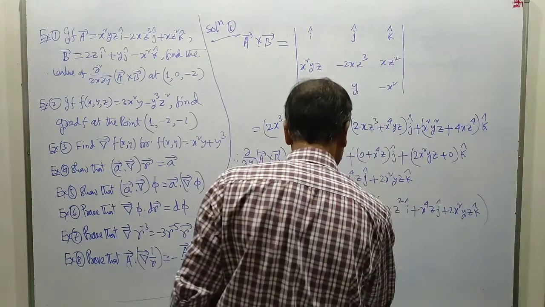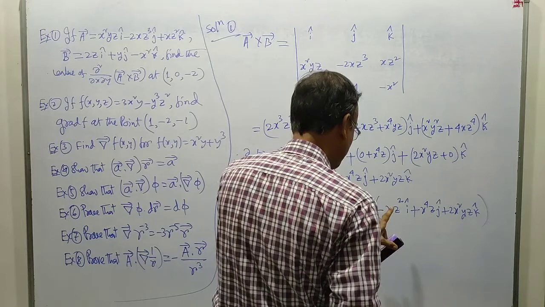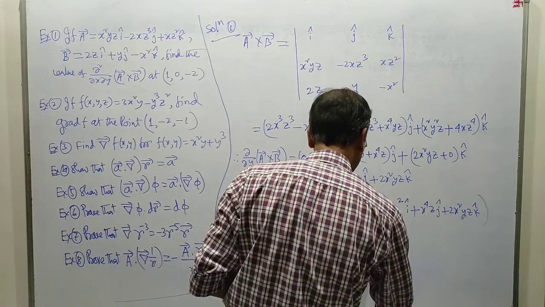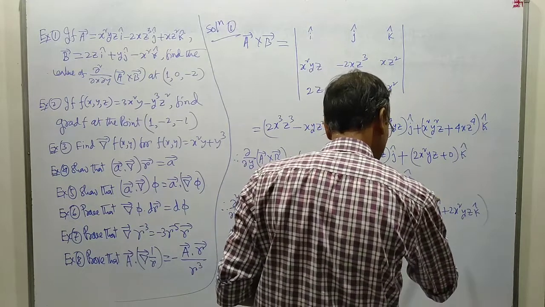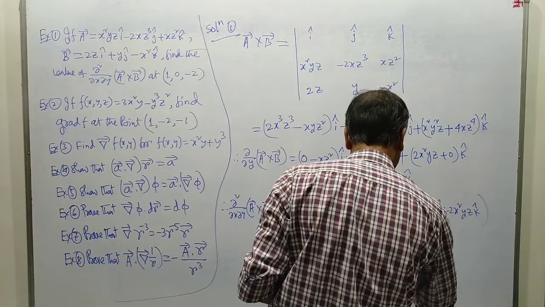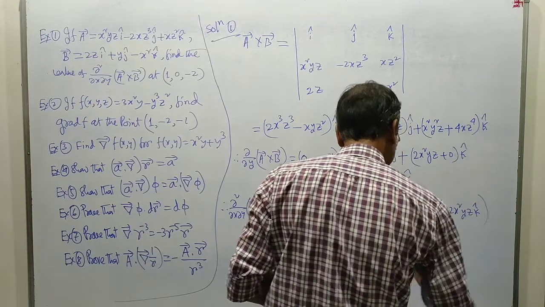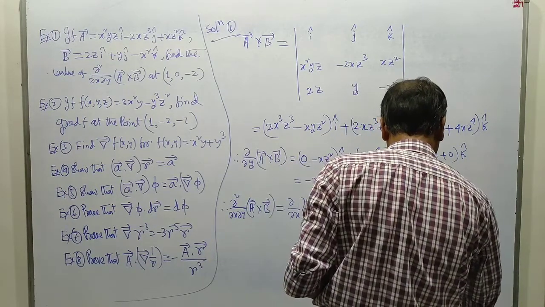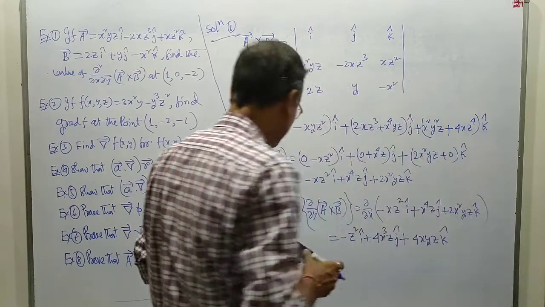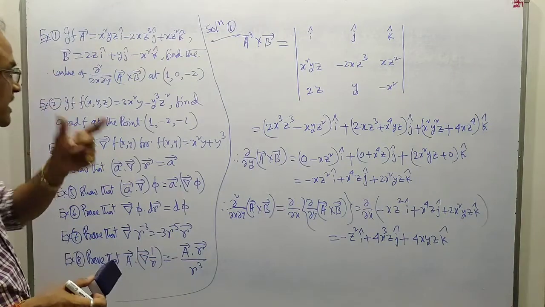This is equal to, with respect to x partially, minus z square i cap, plus 4 x cube z j cap, plus 4 x y z k cap. We have got this one.